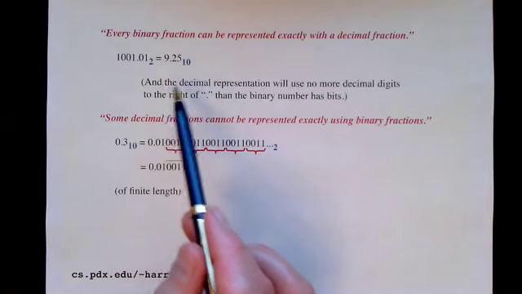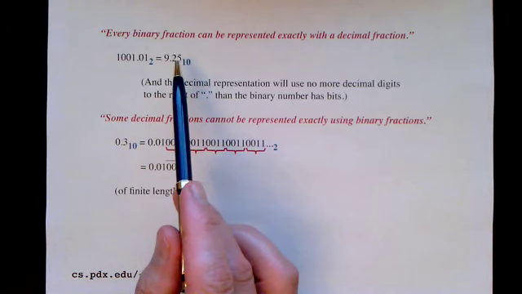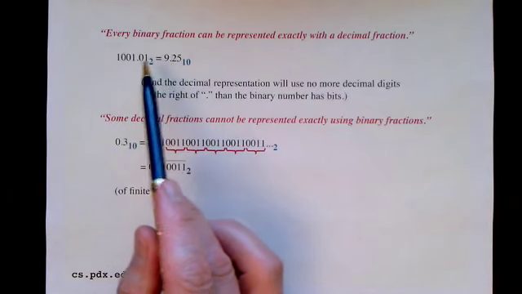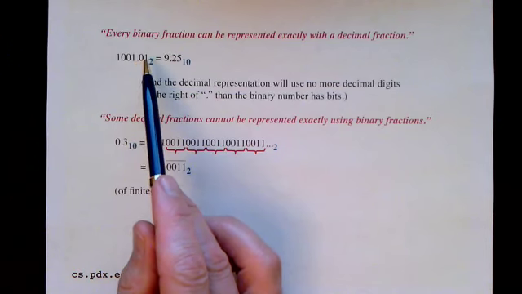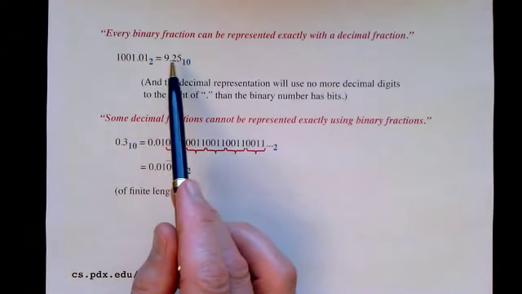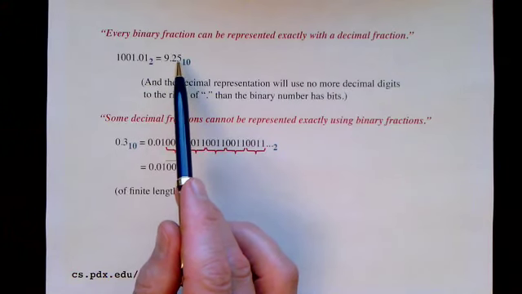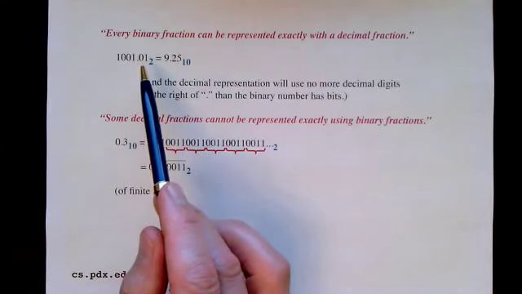And interestingly, the decimal representation will always use no more decimal digits to the right of the decimal point than the binary number has bits to the right of the binary point. So here we have 2 bits to the right, and this number can be represented with a decimal number with 2 digits to the right of the decimal place. And that's true for any binary fraction.